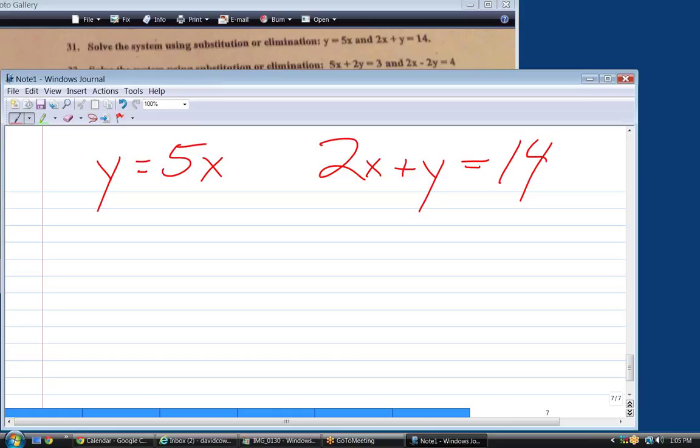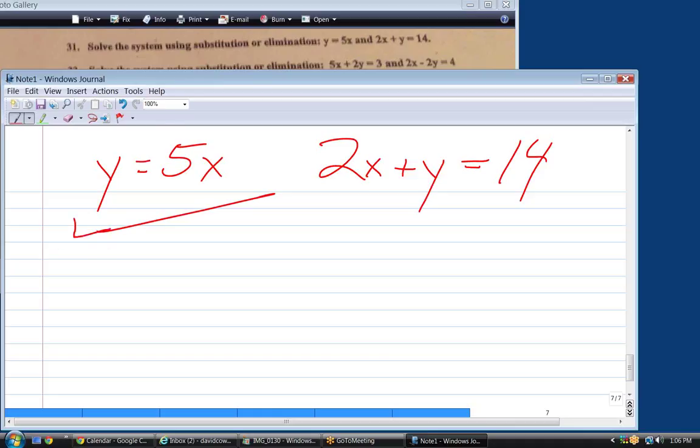Substitution? Yeah, it gives us our choice. But remember, we want to use elimination when both equations are in standard format. We want to use substitution when you have one equation that's fully defined for one variable.